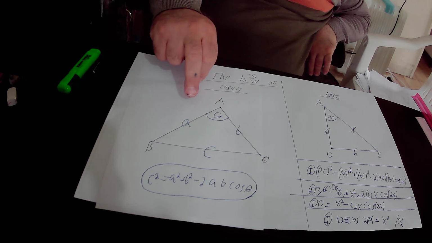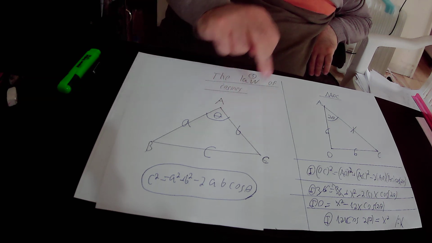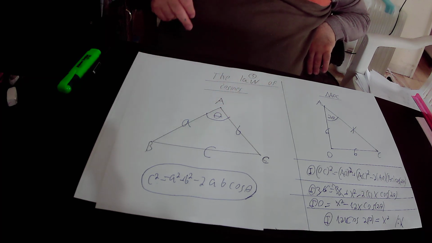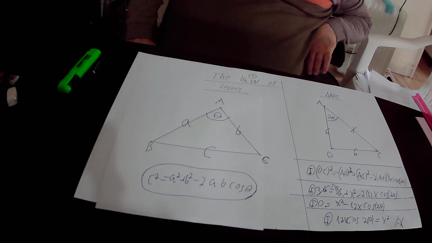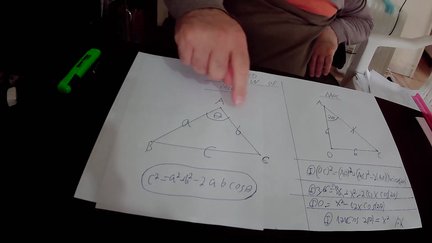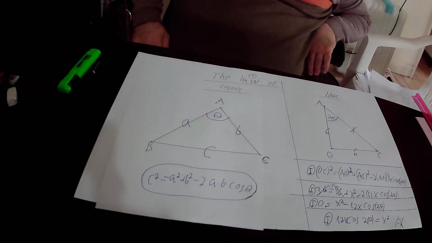Side AB equals a units, side AC equals b units, and side BC equals c units. Then according to the law of cosines, c squared equals a squared plus b squared minus 2ab times cosine theta.